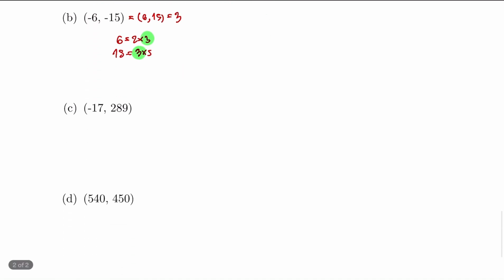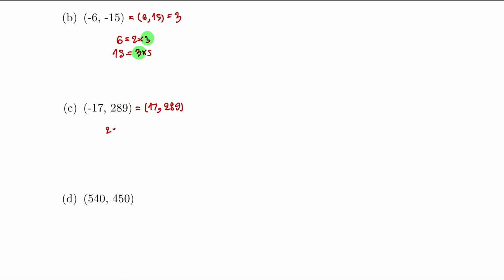The third one, or C, minus 17 and 289. Okay, this must be 17, right? Okay, this must be 17 because, let's try to write it. So you might write 17 and 289 in case you don't like the negative sign.